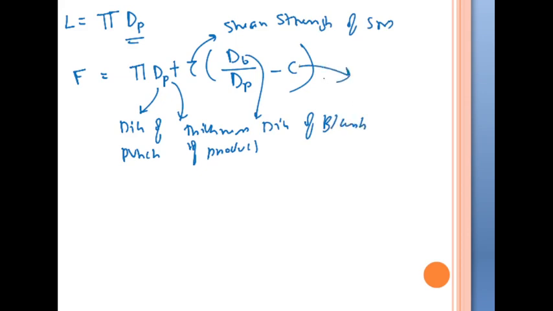And this C is the constant to cover friction. This will range from 0.6 to 0.7, and will be given in the question. Okay, deep drawing operation is finished.